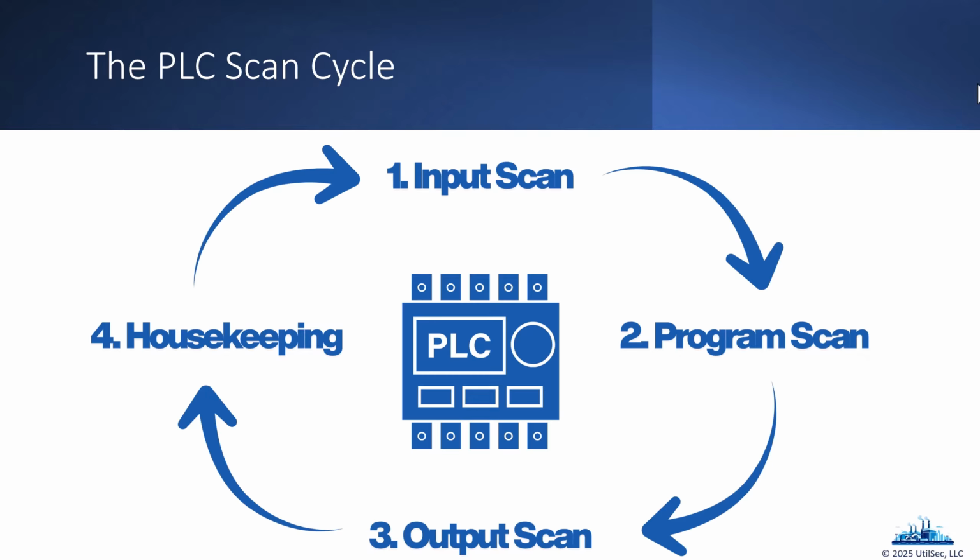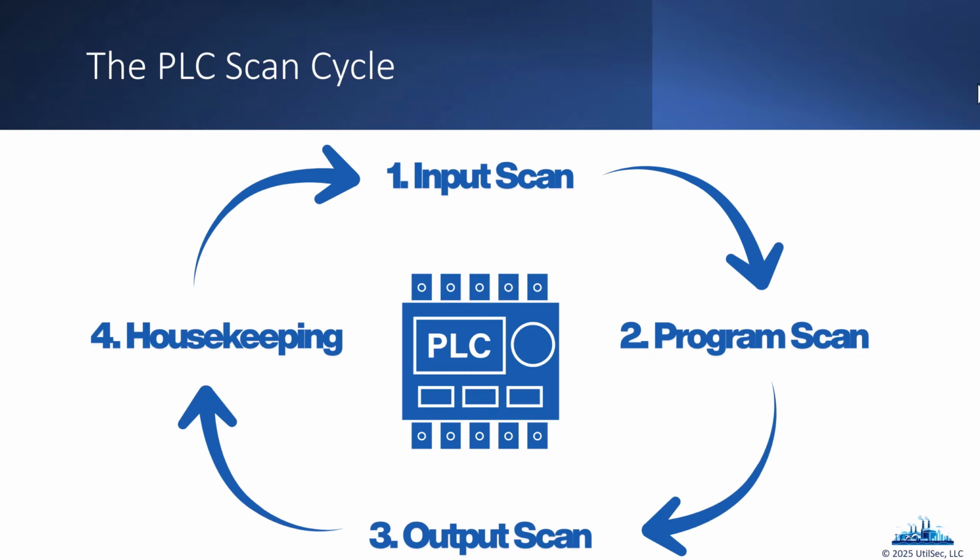Then we actually run the programming logic on the controller itself, right? So we go through the program scan. So we go through and we run the logic. Remember that thermostat, we had logic to say if the temperature in the room is higher than the set point, turn on the air conditioner. So we bring in the temperature from the sensor, the input scan.